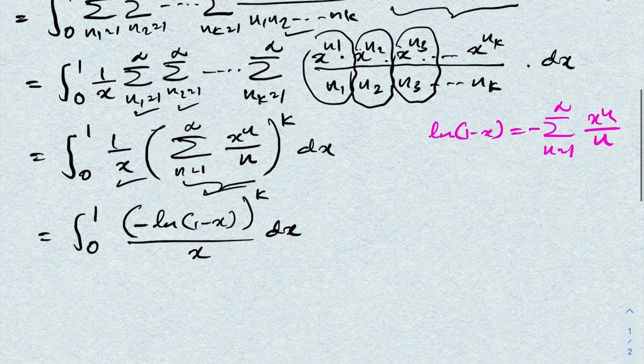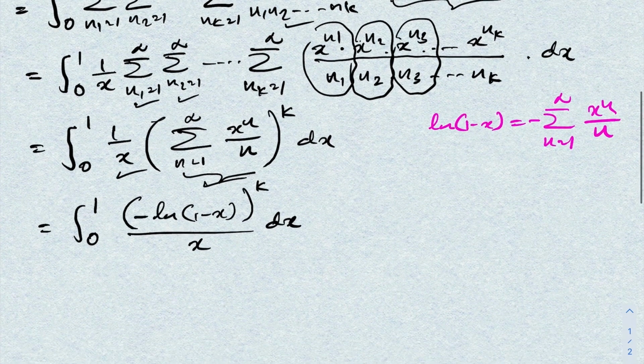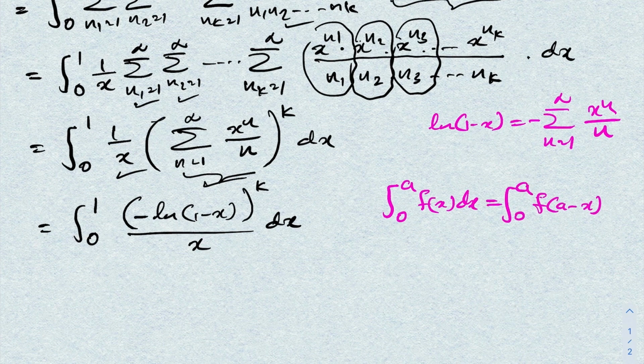Well, now we know the definite integral is independent of the variable. Integral from 0 to a of f of x dx is equal to integral from 0 to a of f of a minus x dx.